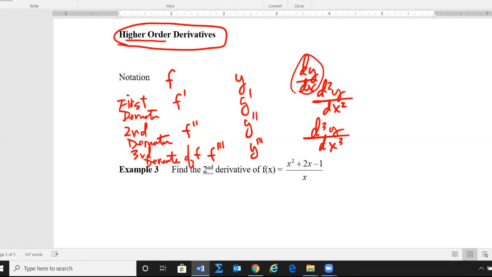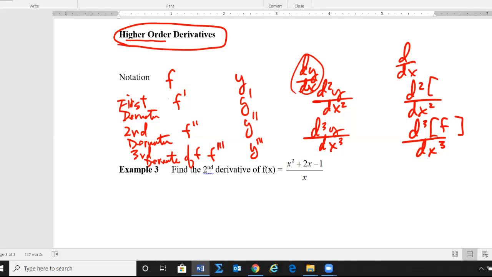Now you also can work without the function here. A variation of that just looks like this, d dx, or you can have this, or like so. And then you would put in whatever function here you're trying to differentiate. It might be an f of x like that.